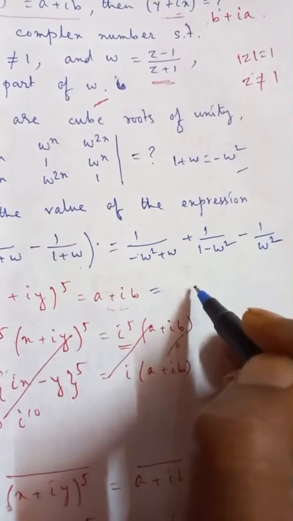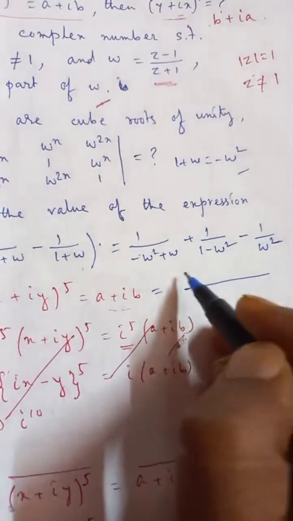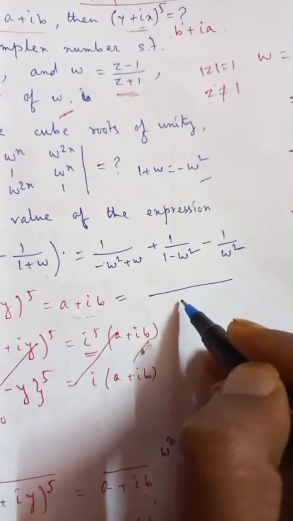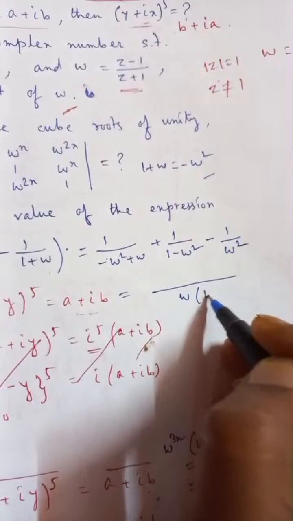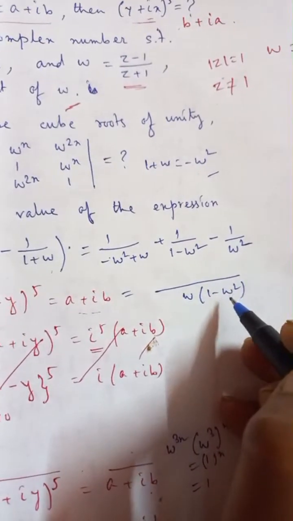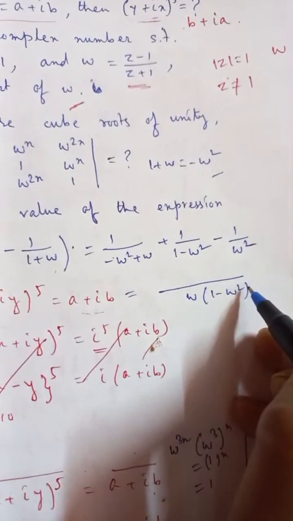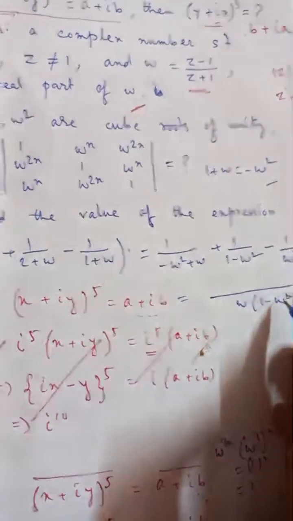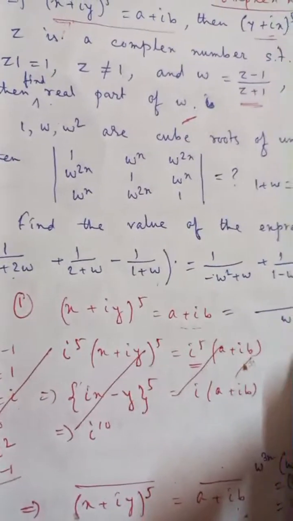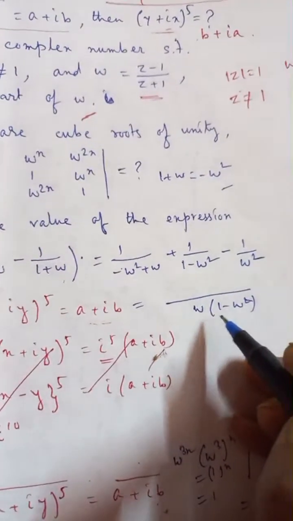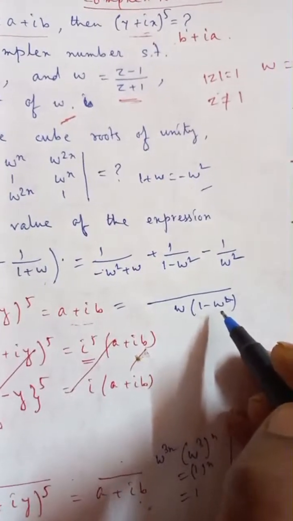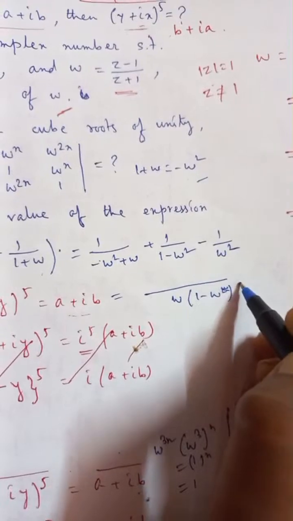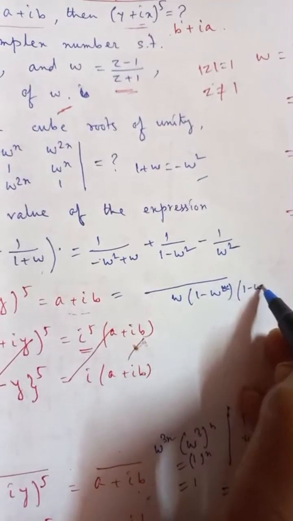From this you can see that the LCM will be omega, 1 minus omega square, 1 minus omega, and 1 minus omega square.